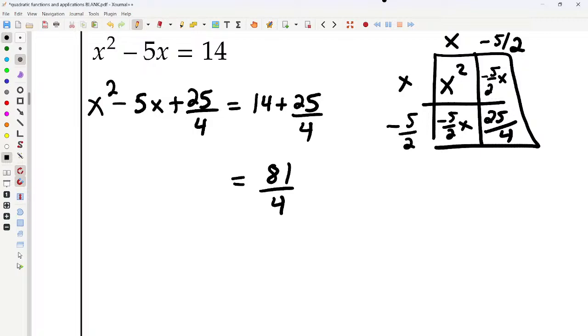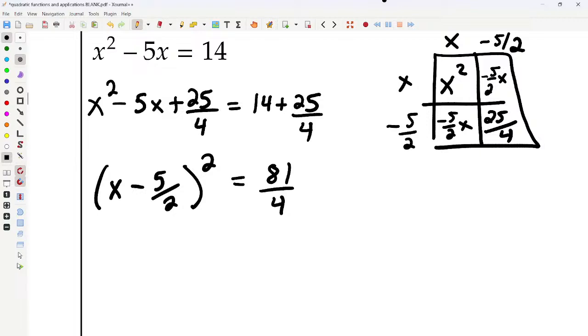And the left-hand side, we are going to write in its factored form as x minus 5 halves squared. From there, everything is going to tumble into place. Take a square root with the square root property.